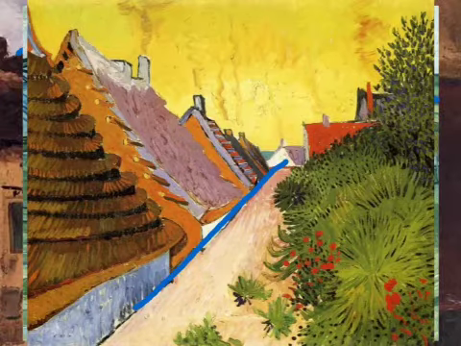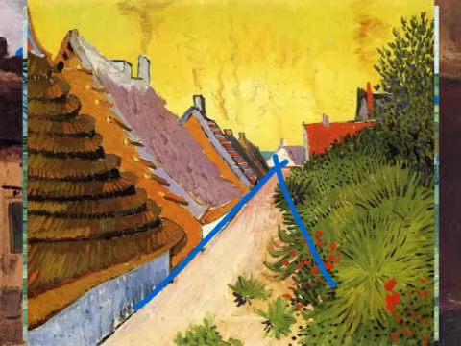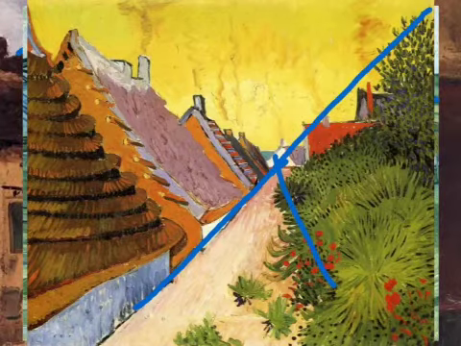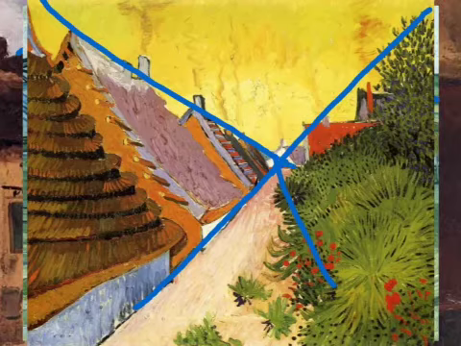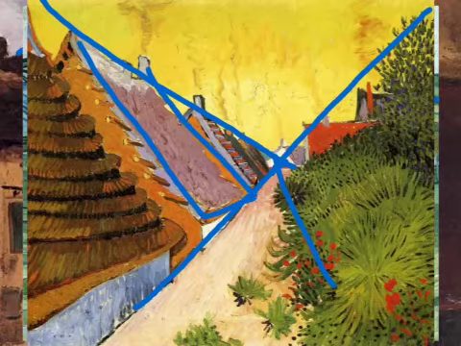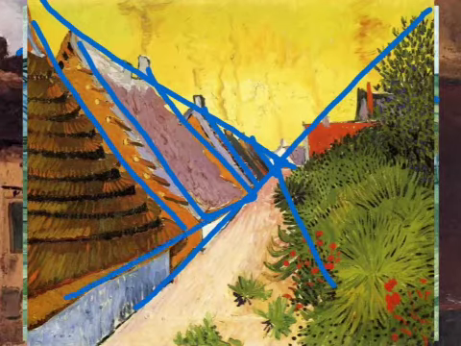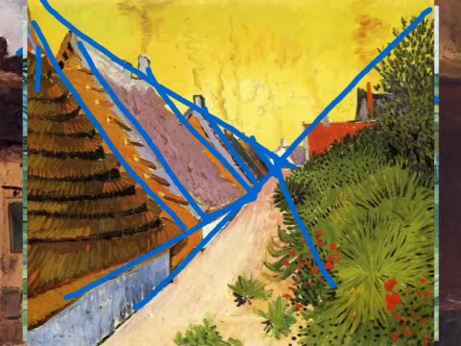We have the lines going to a vanishing point in the distance. We have the corners coming in, creating a nice composition, and we have shapes in between, and there becomes a pattern of shapes. When we look at it, we have a rhythm.